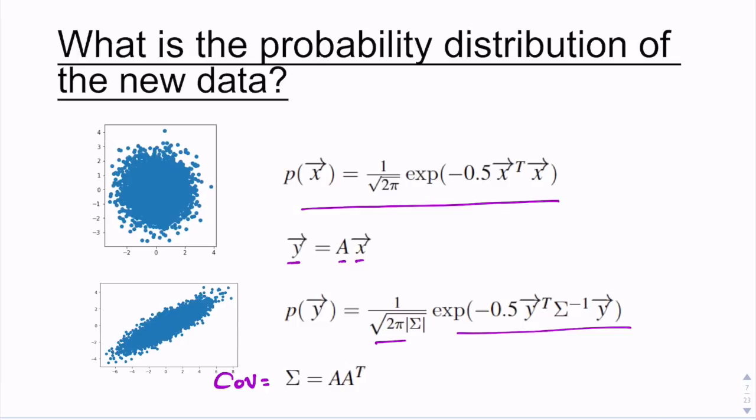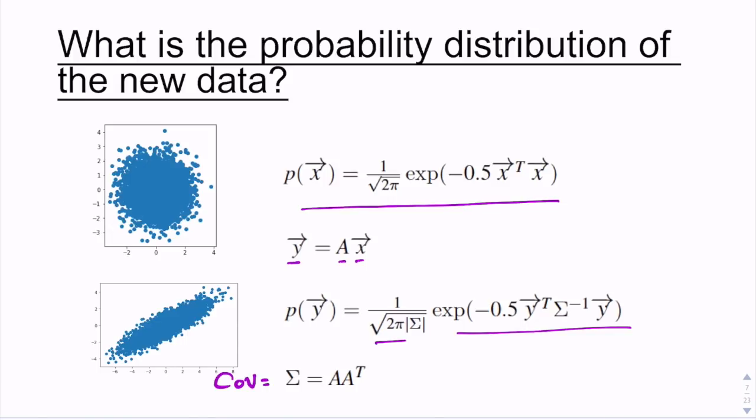So we have data Y, and we already showed that if you have some samples, how to compute the sample covariance. So we can easily compute sigma, which represents the covariance matrix.